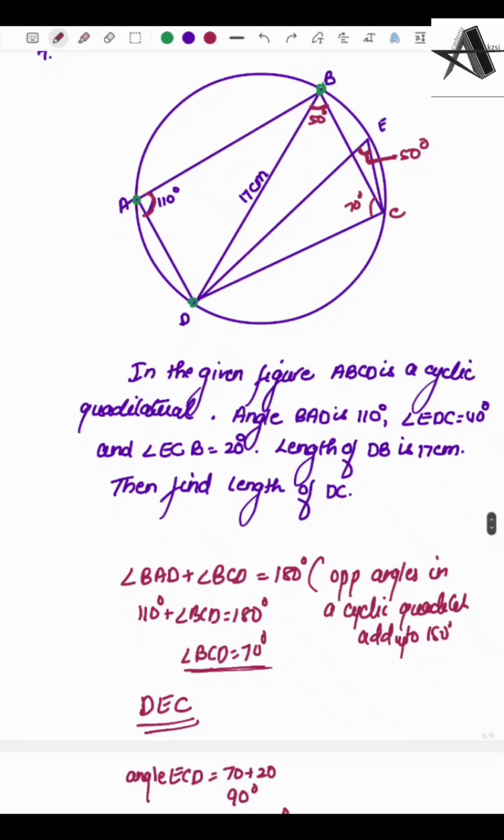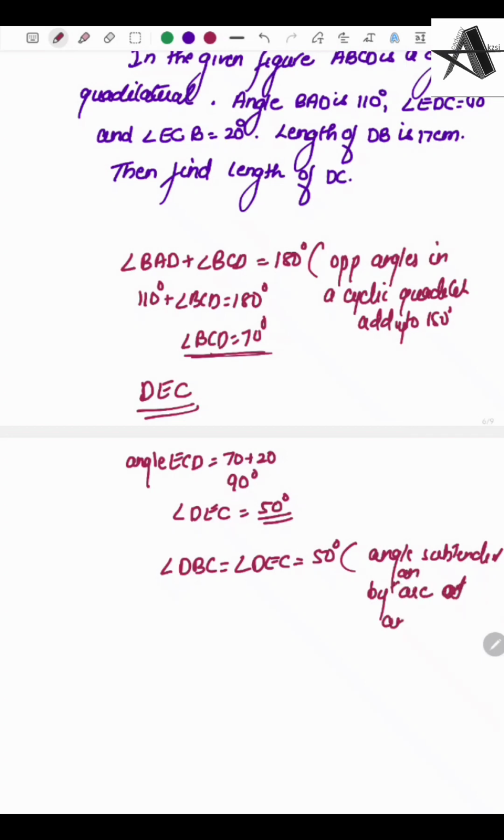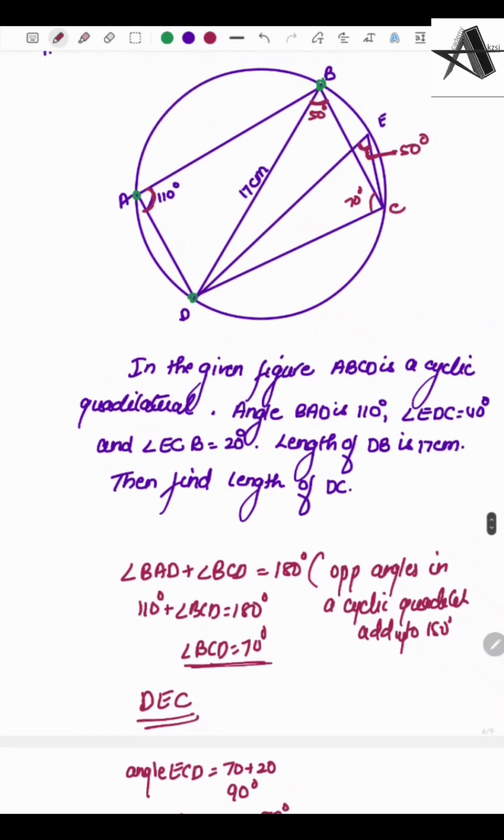So I can say angle DBC is equal to angle DEC is equal to 50 degrees, because angles subtended by an arc at any point on the circumference are equal. So that means it's going to be 50 degrees.